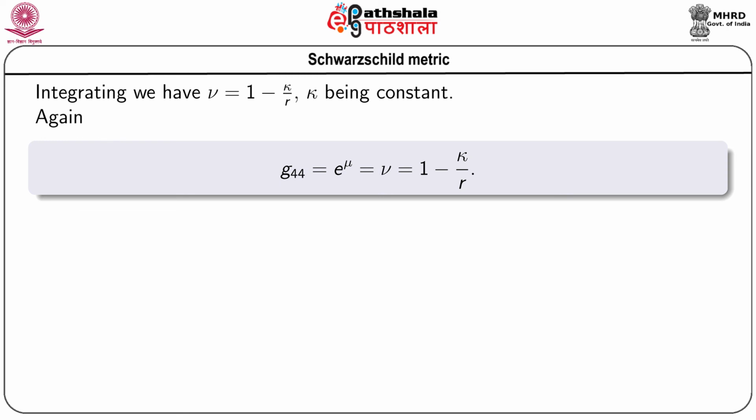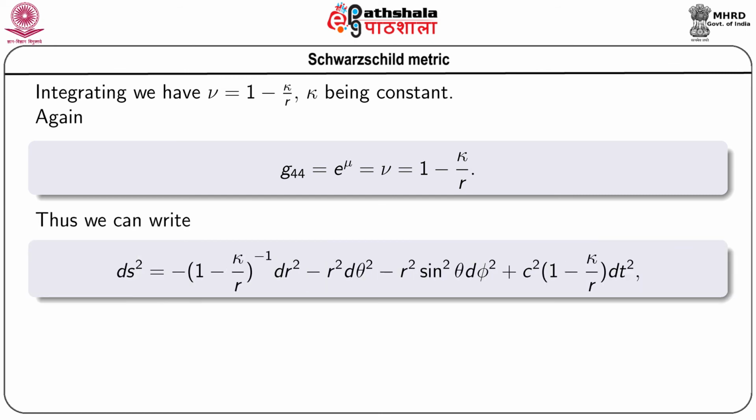We can say this one as k or kappa, whatever you like. So, thus the metric takes the form this one: ds² equal to −(1 − k/r)^(−1) dr² − r²dθ² − r² sin²θ dφ² + c²(1 − k/r) dt².